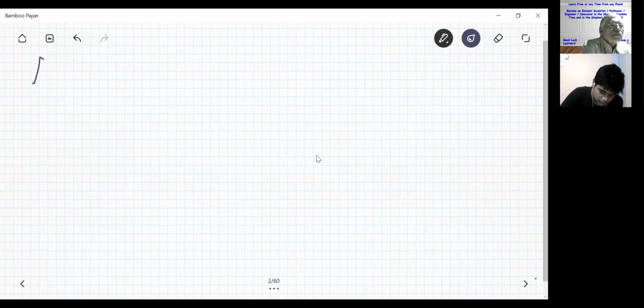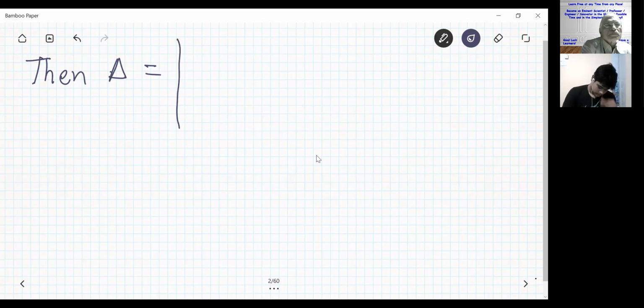Then delta is equal to 1 times, I should close this row and this column, so it will be 2, 4, 3, 9, sir.